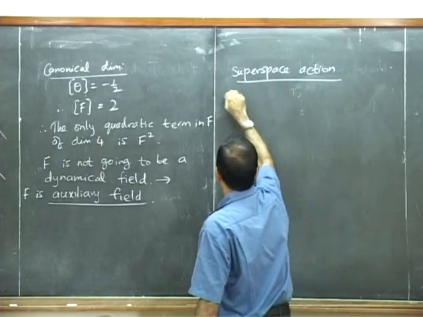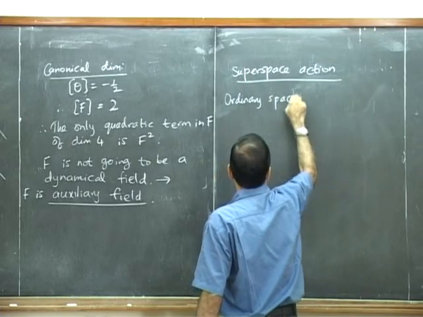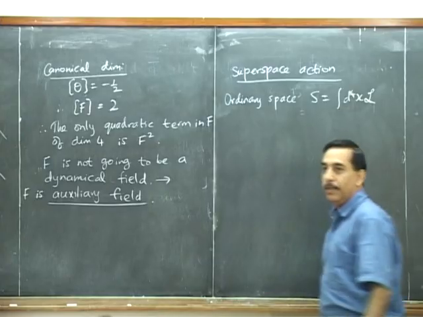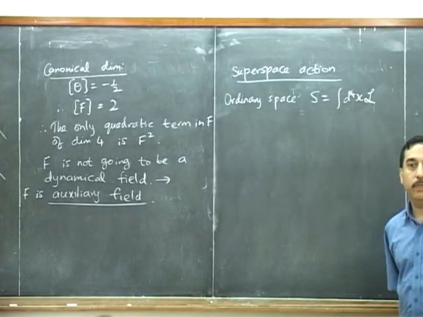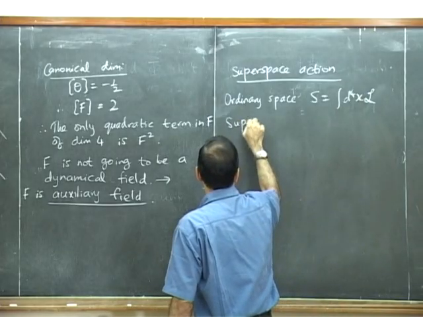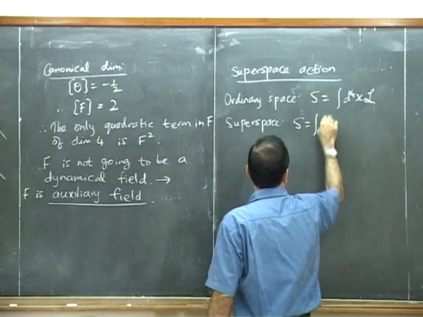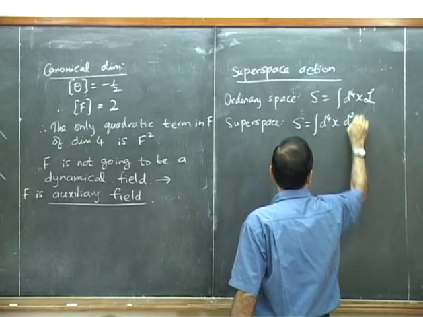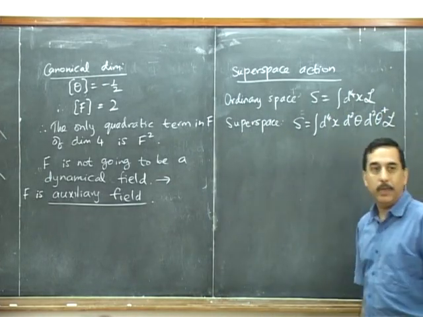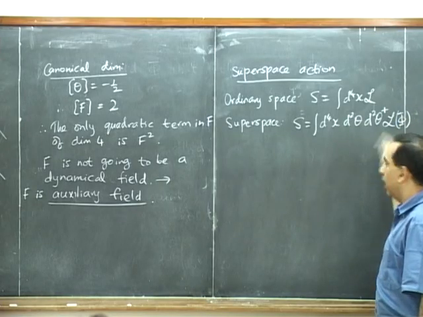In ordinary field theory, in ordinary space, an action S is the integral d^4x of L, where L is a function of fields and the fields depend on x. So it's natural to assume that in superspace, S is equal to the integral d^4x d^2theta d^2theta dagger of some L, which depends on superfields, which themselves depend on x, theta and theta dagger.